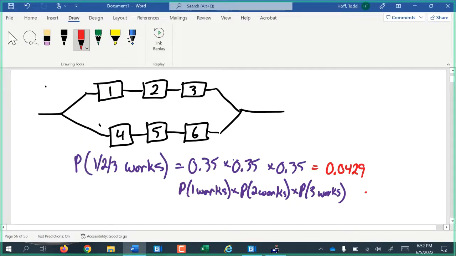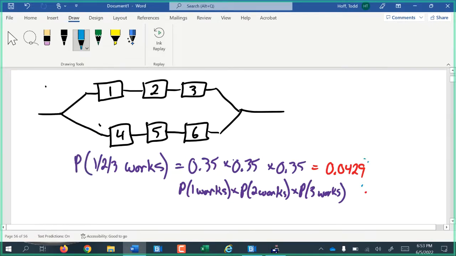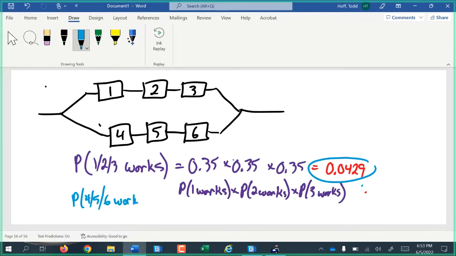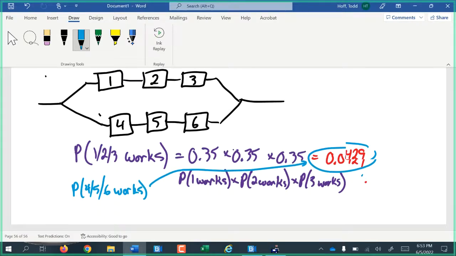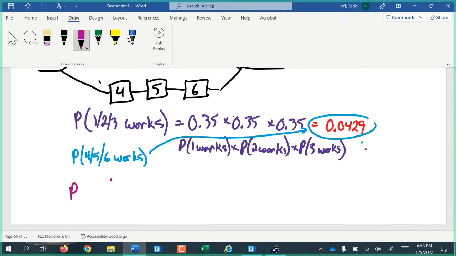So then the probability that it does not work, now remember, that's the same as the probability that the 4, 5, 6 system will work. It's going to be the same probability. So then the probability that each of them does not work again is the complement of that.